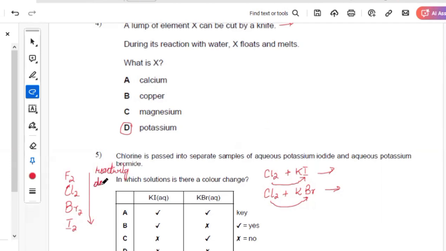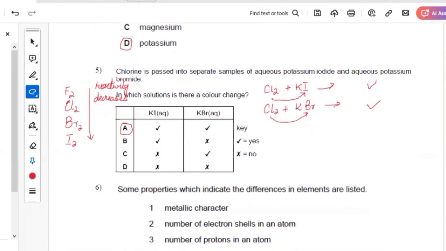That means fluorine is the most reactive one. It can displace bromine or iodine, and chlorine is the second most reactive one, which can displace bromine and iodine. So this reaction can occur. Option A is the right one because in option A, the color change would occur as chlorine would be able to displace iodine and bromine. So let's move further.